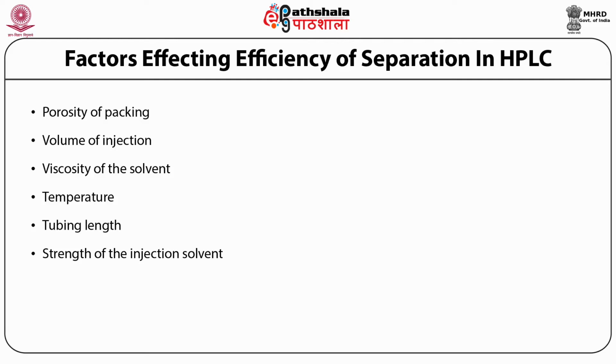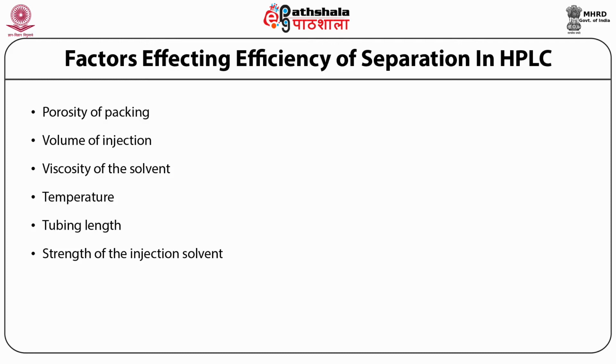The porosity is very important. That is also governed by the size of the molecule you're trying to work with. Sometimes for proteins you look for a 300 angstrom pore size, because proteins are big in molecular size. So the pore size is very important for the type of molecule you're working with. In any case, if the bed is disturbed, the porosity increases, and it is then called a void column.